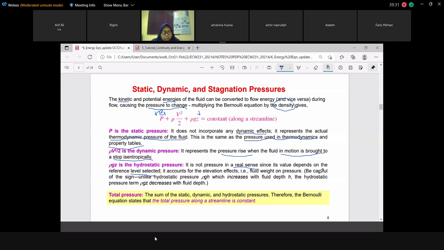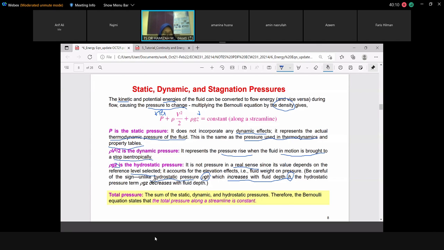We need to count the elevation effects, the Z. An example is fluid weight on pressure, where before this you calculated hydrostatic pressure as rho g h. This rho g h increases with fluid depth h. So in this hydrostatic pressure, the h here is represented in terms of Z.